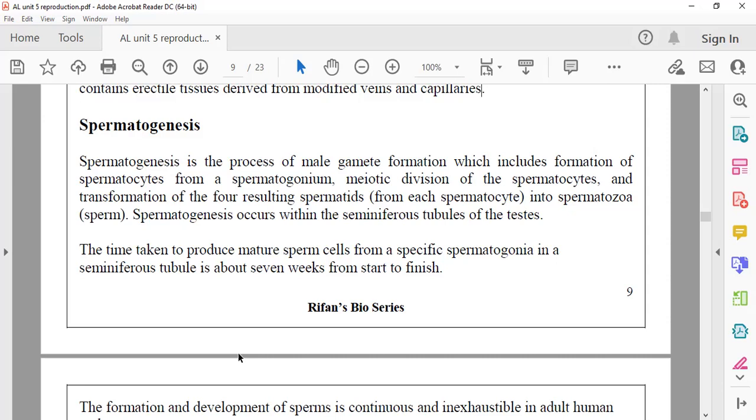The time taken to produce mature sperm from a specific spermatogonia, from start to finish, is how many weeks? 7 weeks, 49 days, nearly 50 days, correct?